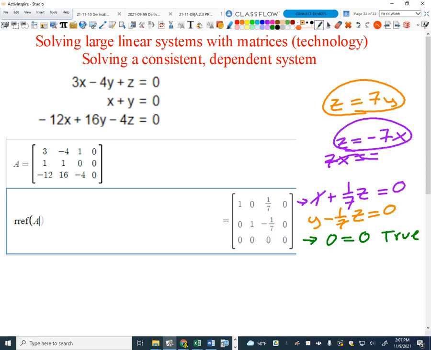Okay, so we can't just pick any values. Depending on which values of x and y we pick, the values of z are all going to have to be consistent, right? There's an infinite number of possibilities, but there's a pattern to what those possibilities could be. Okay, does that make sense? I don't think it ever asks you for the constraints on any of the problems, but I just want you to know kind of what that means.